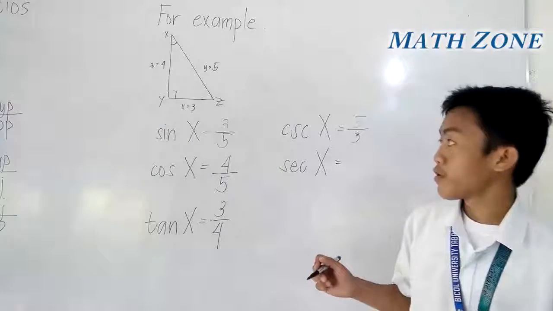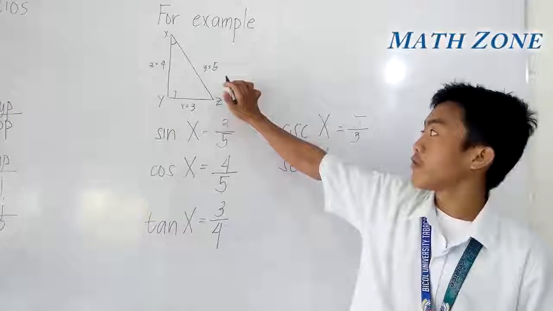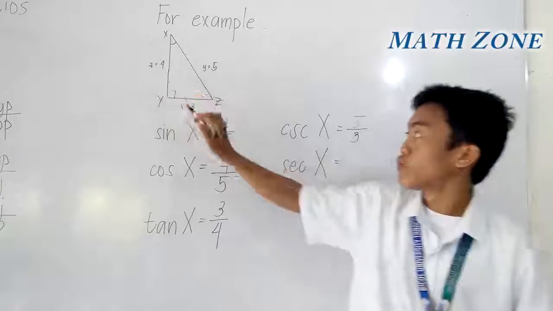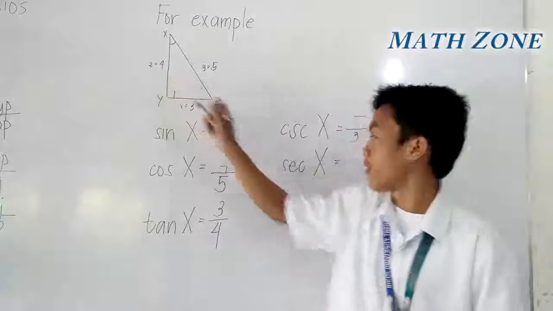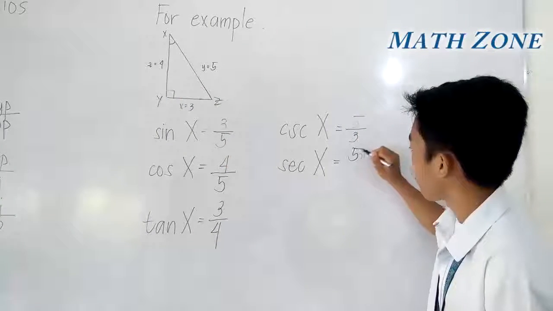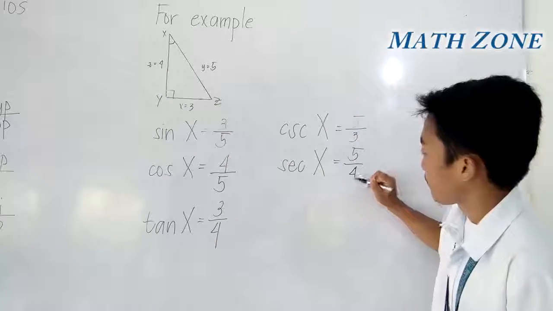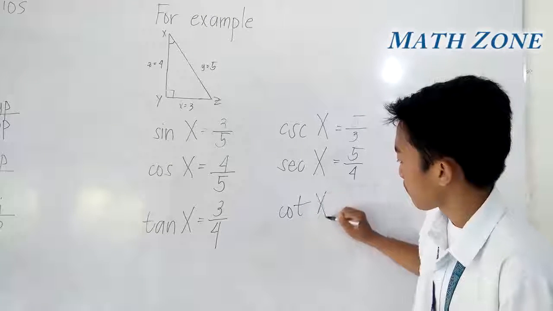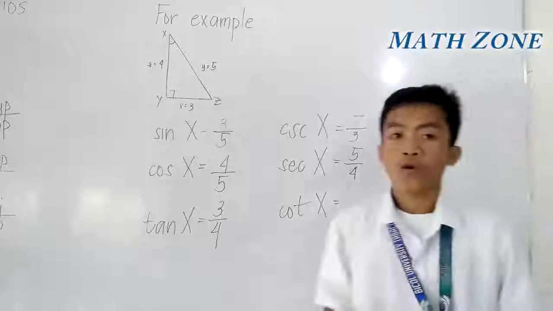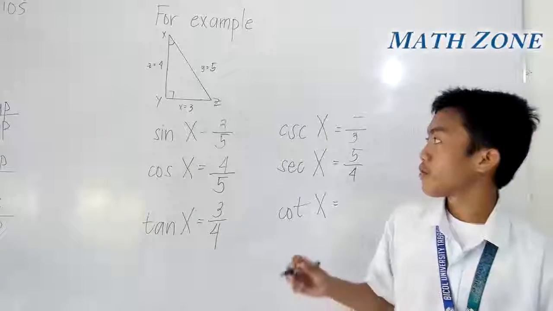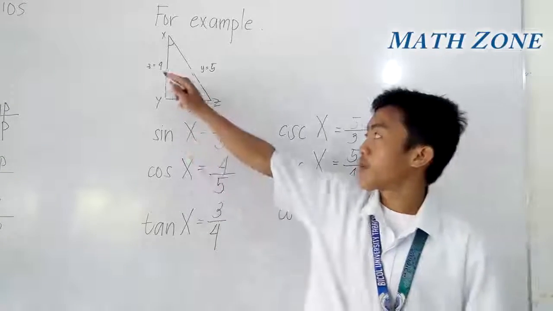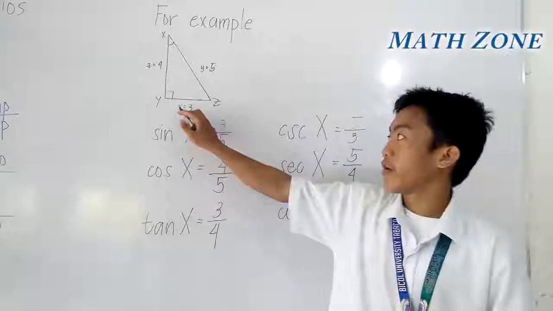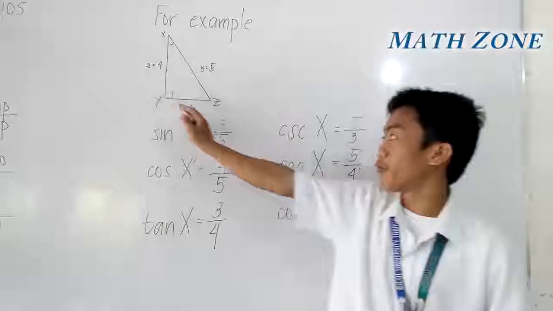Secant X is equal to the measure of the hypotenuse over the measure of the adjacent side, which is equal to 5 over 4. Cotangent X is equal to the measure of the adjacent side over the measure of the opposite side, which is equal to 4 over 3.